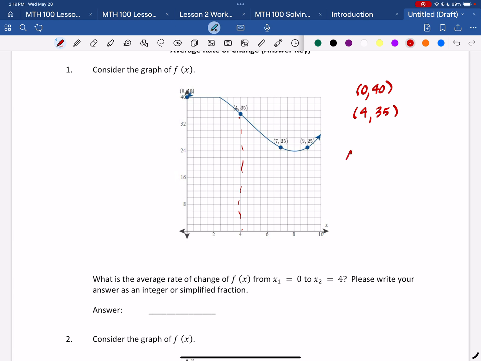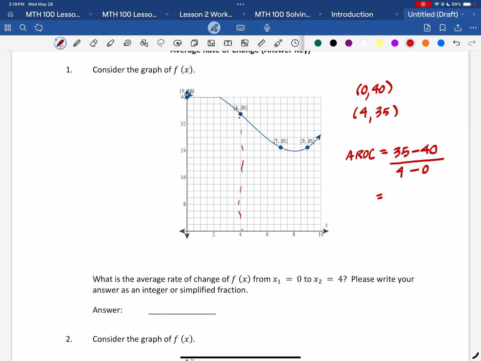So our average rate of change is the second y, 35, minus the first y, 40, divided by the second x, 4, minus the first x, 0.